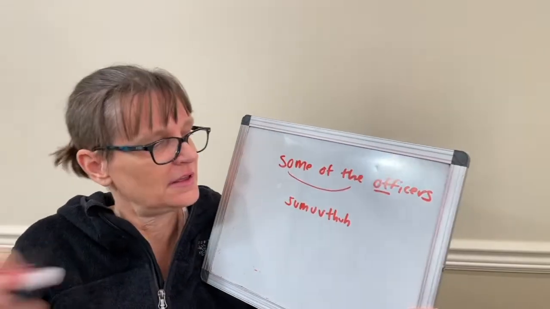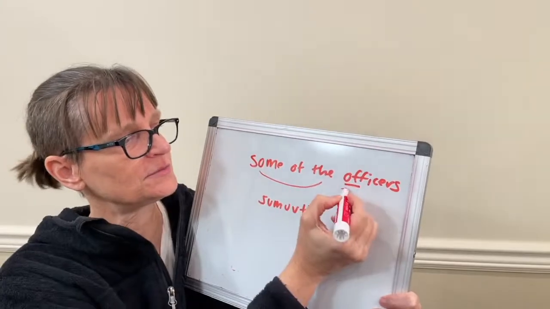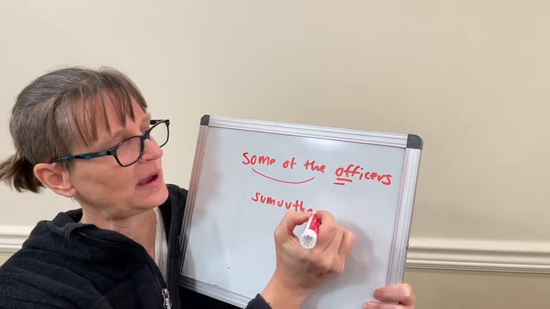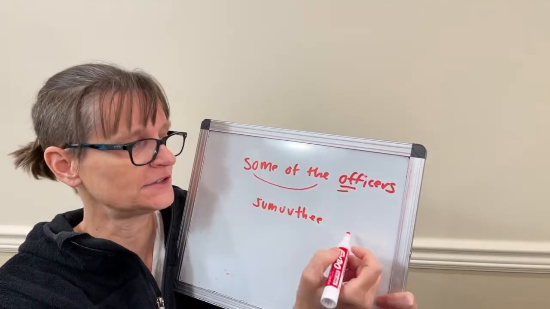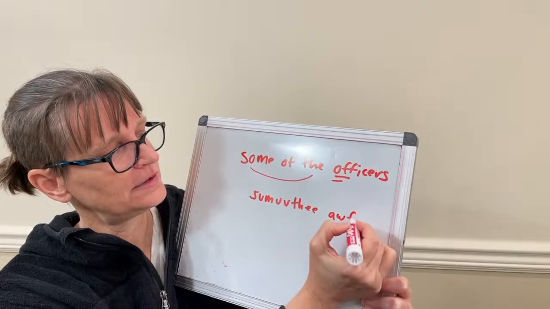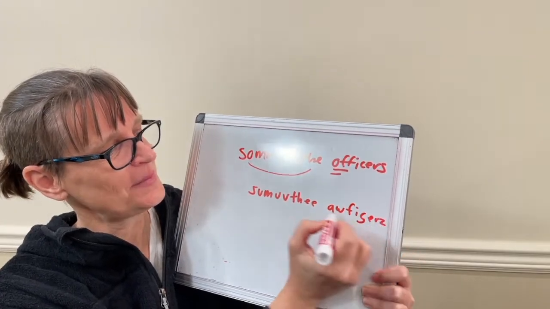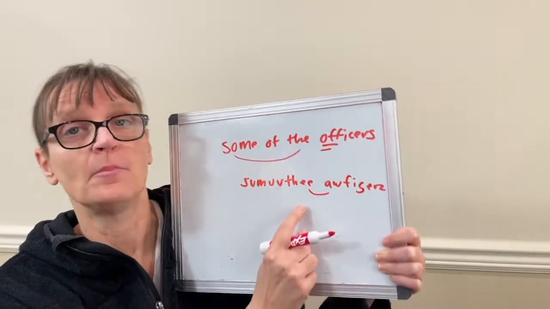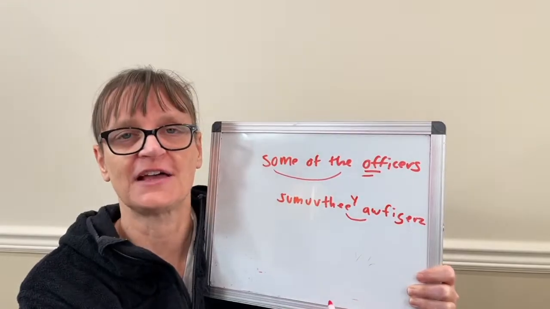Actually, in this case, because officers starts with a vowel, we will use an "ee" here: "some of the officers." Because we're linking these two, and I'm moving from the "ee" to the "o," I'm going to have a little bit of a gliding y sound happen there.